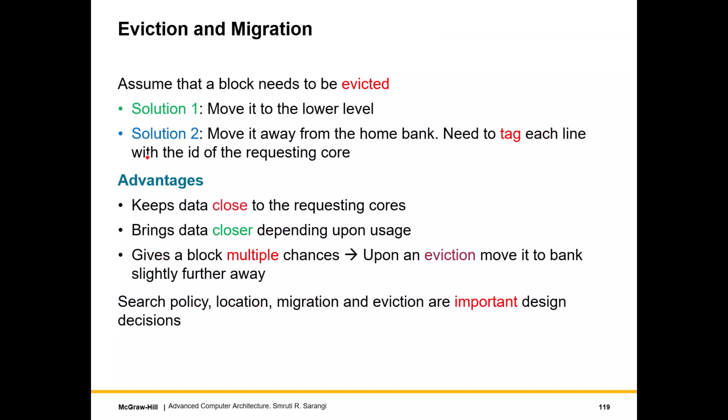Eviction and migration. Assume that a block needs to be evicted. One option is of course to send it to the lower level. The other is to demote it, which is the opposite of promotion. Demoting means moving it away from the home bank.